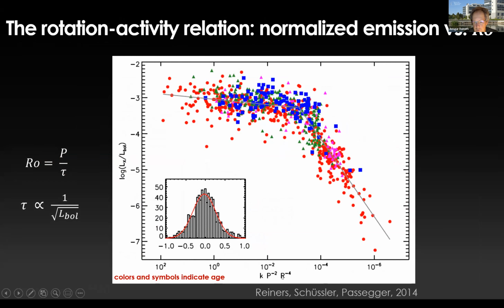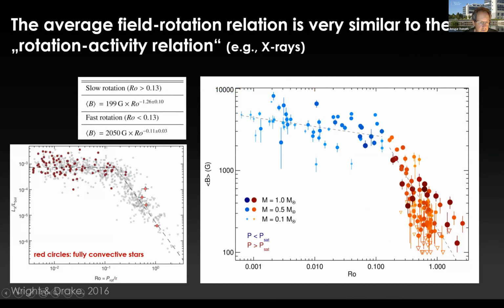But if you identify R to the -4 with the square root of the bolometric luminosity, you find out that this is essentially the same thing. And this was something where we tried to minimize the scatter around these gray lines. And we argue in that paper that there's also a trend going up, which is not shown here, but I would argue that this cloud here is a lot higher than that plot above the dashed line.